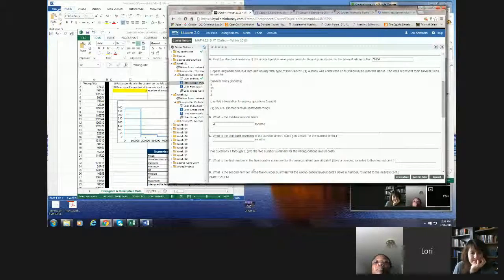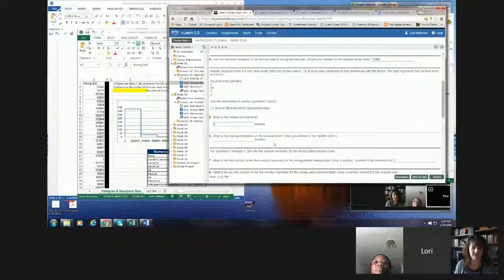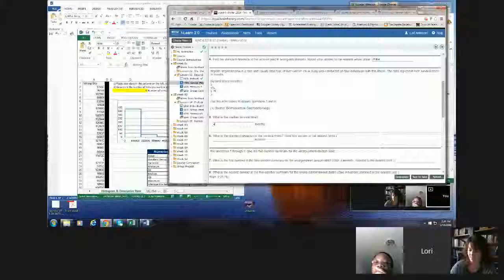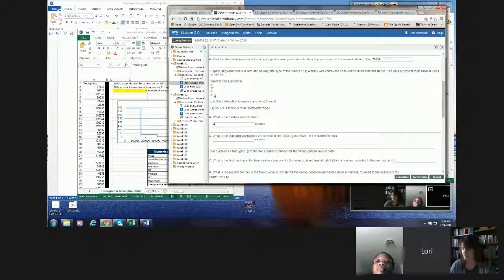Does everybody understand my logic on that? Sorry, I was doing something else. So the median survival time: the way I've been told to do median is to take my numbers 1, 3, 5, and 19, line them up in order, and because we have an even number of data entries, 1 and 3, and then 5 and 19.